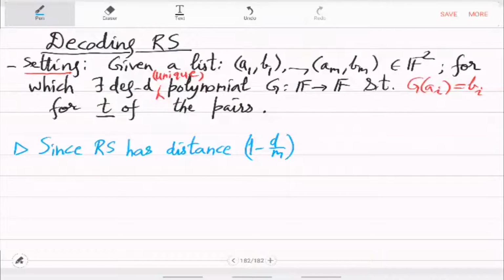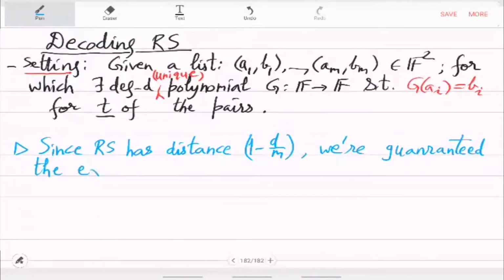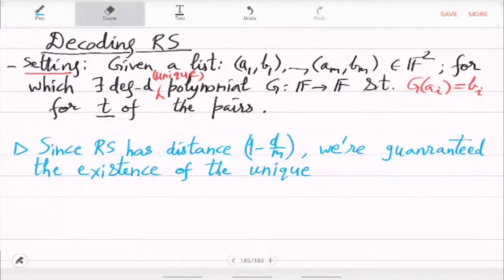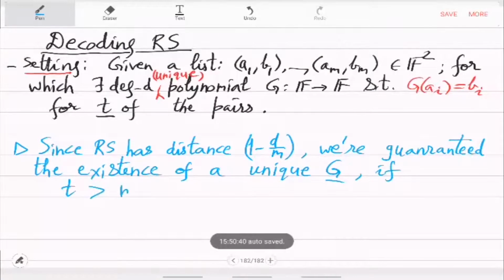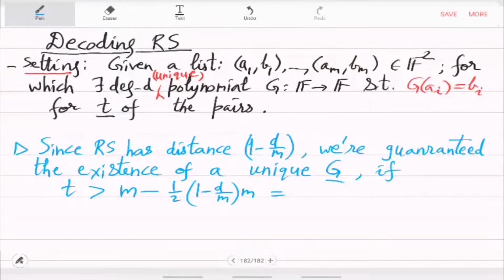So, since Reed-Solomon has distance this much, we are guaranteed the existence of a unique g if t is big enough, right. t should be m minus the errors that you can tolerate, which is half of the distance, which is m plus d by 2.